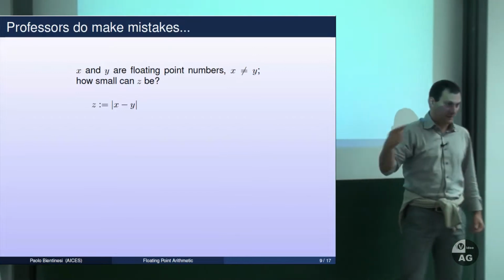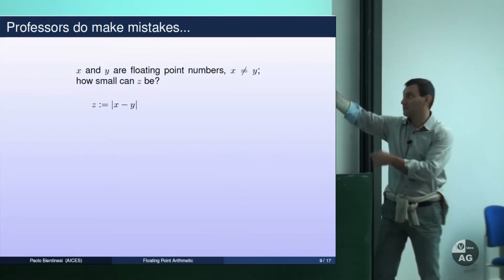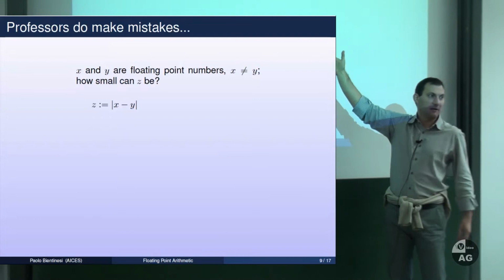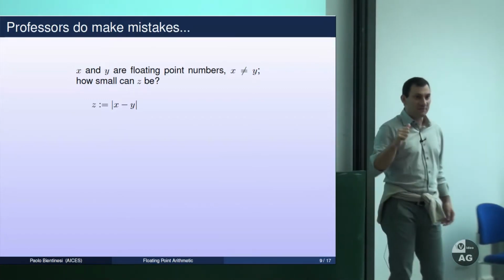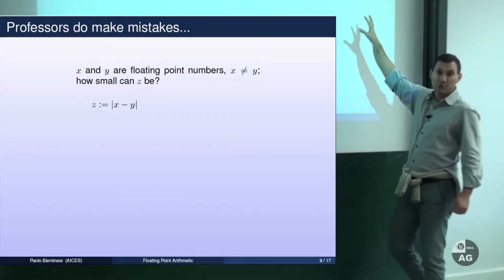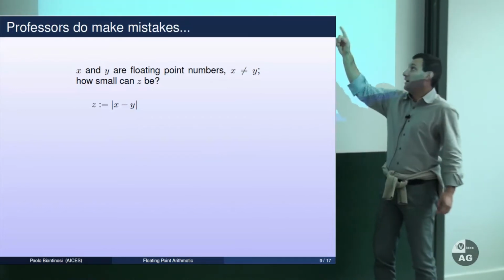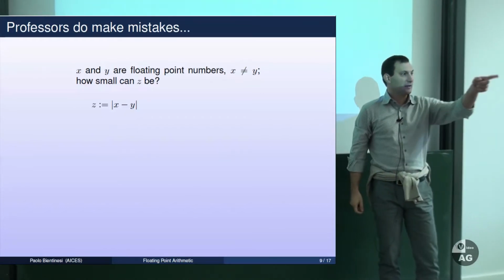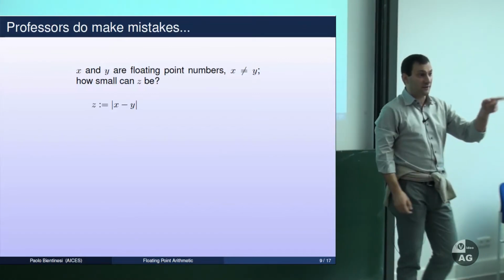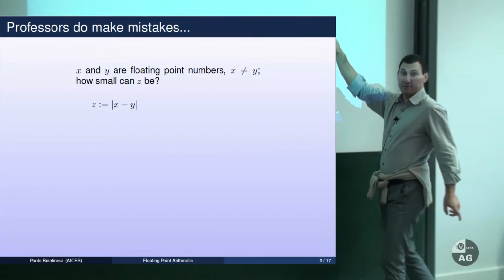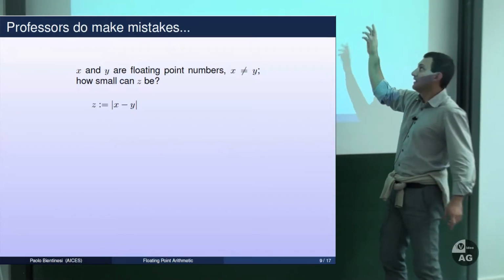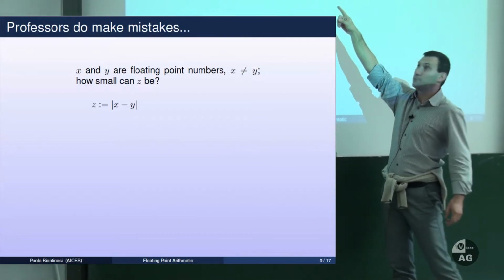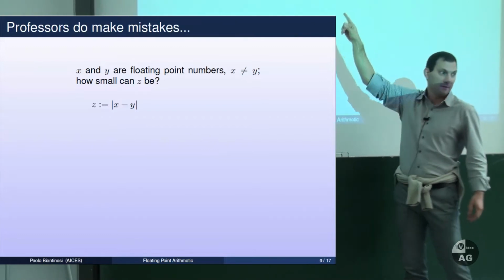I wrote it, but that's not what I had in mind, because in my world, that quantity is meaningless. So I asked the question thinking about a different quantity that I will show you in a minute. A student back there tricked me because he gave the right answer, but not to this question. He gave the right answer to what I meant to ask. And that's why I didn't realize that there was a problem here.